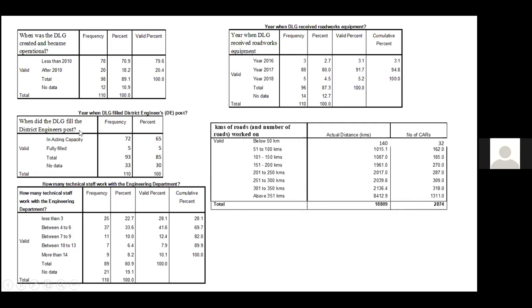Surprisingly, Chair, when we looked at whether the district governments had filled the district engineer's post, almost 65% were in acting capacity, and this really poses performance issues.